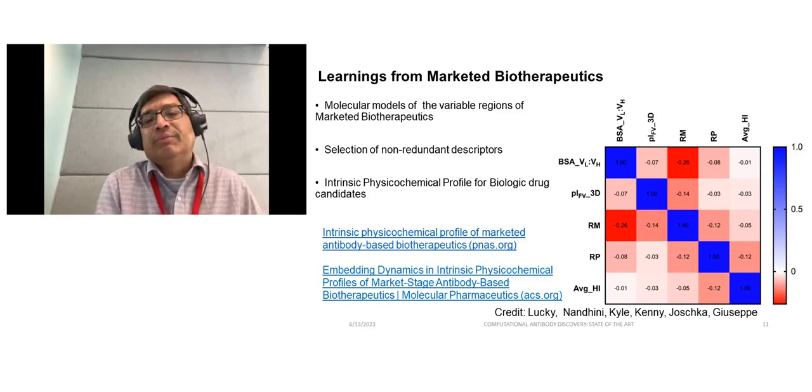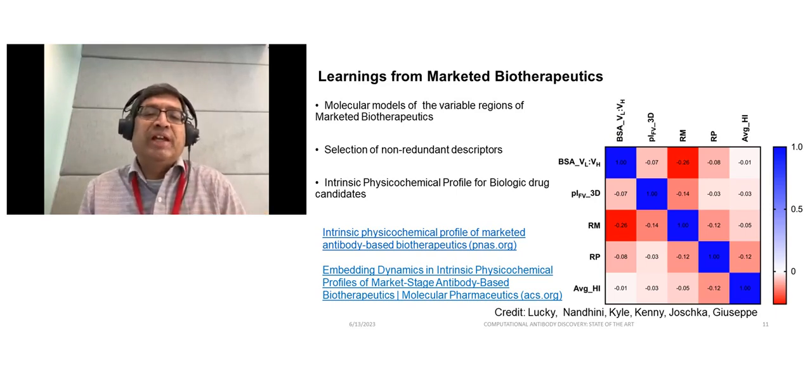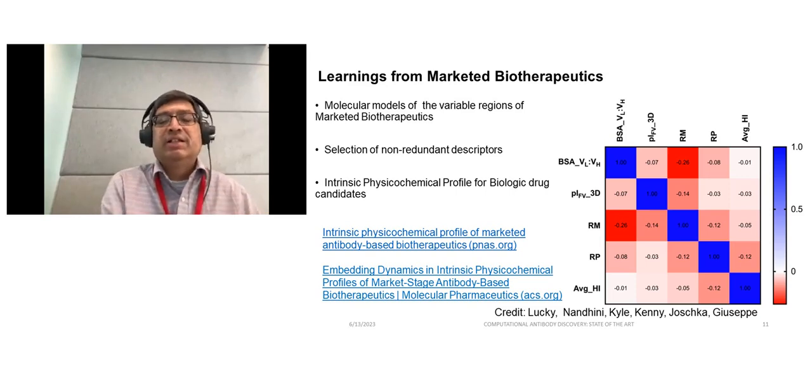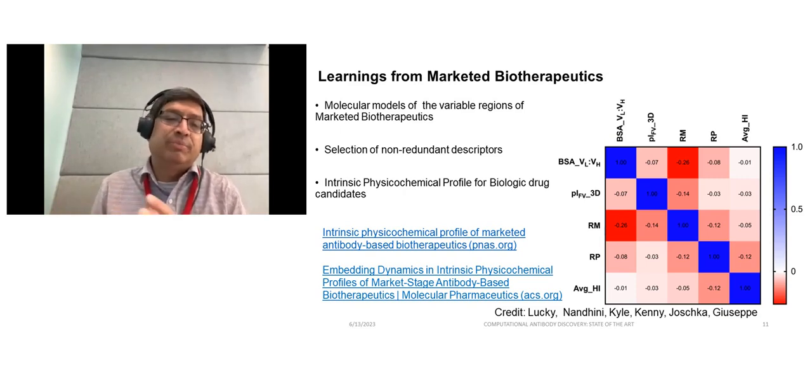I think Victor mentioned the 5 parameters that we were able to identify for the intrinsic physicochemical profiles by analyzing the data on antibodies that are currently medicines. They are not in clinical trials, they are not clinical stage, they are medicines that are available right now to patients, so they have all been approved.